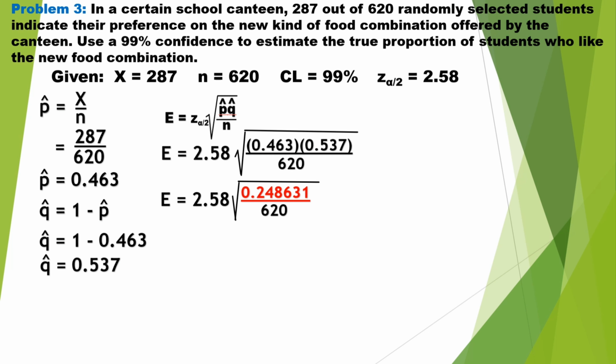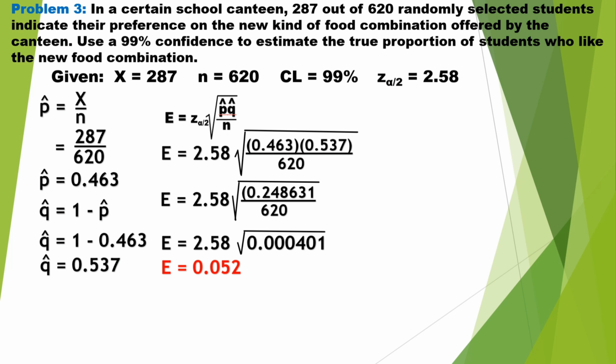Continue simplifying inside the radical sign. 0.248631 divided by 620. Its quotient is 0.000401. And finally, to solve for the maximum error, multiply that result to 2.58. Its product is 0.052, representing the maximum error for this given problem.